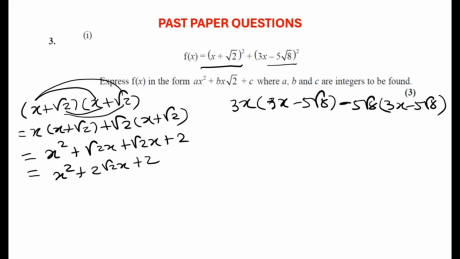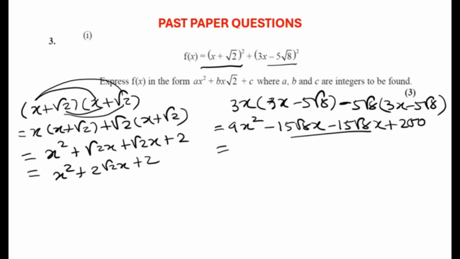So 9x squared minus 15 root 8x minus 15 root 8x, minus minus plus, 5 times 5 will give me 25. 25 times root 8 squared will give me 200. Further simplify because you can add these terms: 9x squared minus 30 root 8x plus 200. So this is the simplification for the second part.